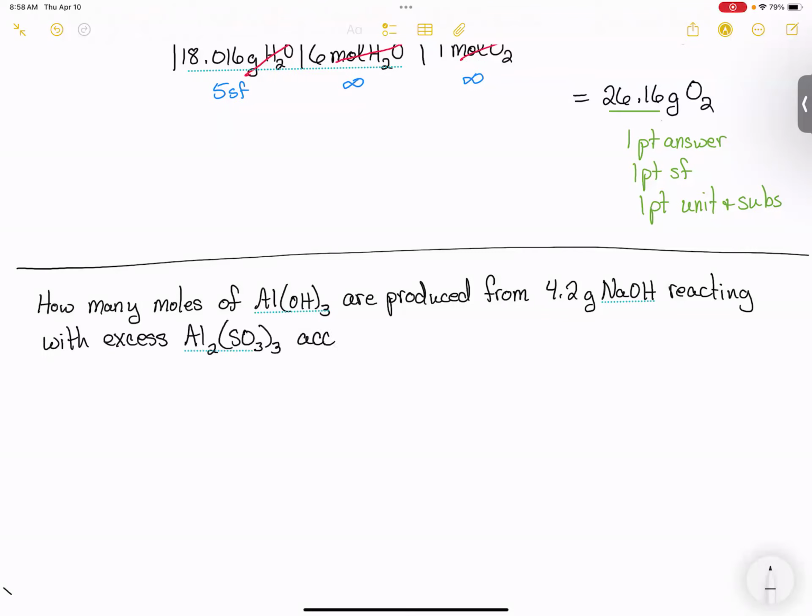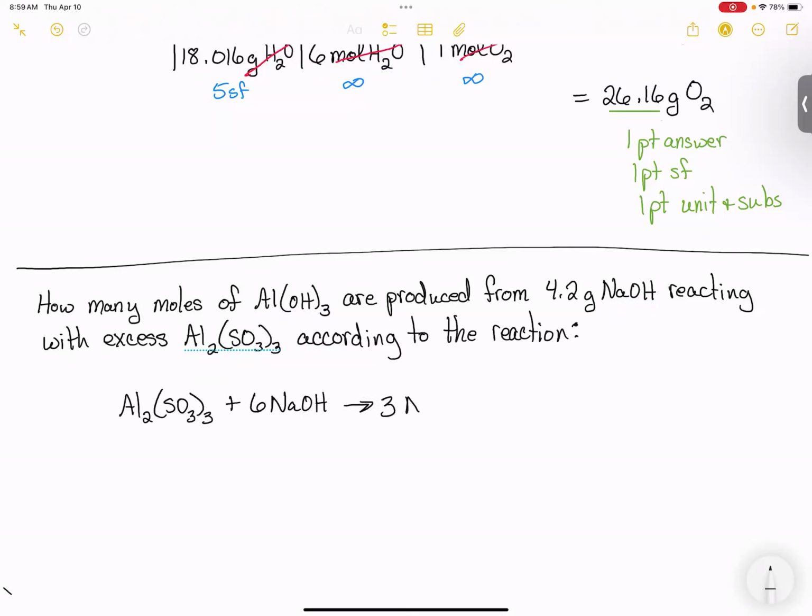According to the reaction, Al2(SO3)3 plus 6 NaOH goes to form 3 Na2SO3 plus 2 Al(OH)3.